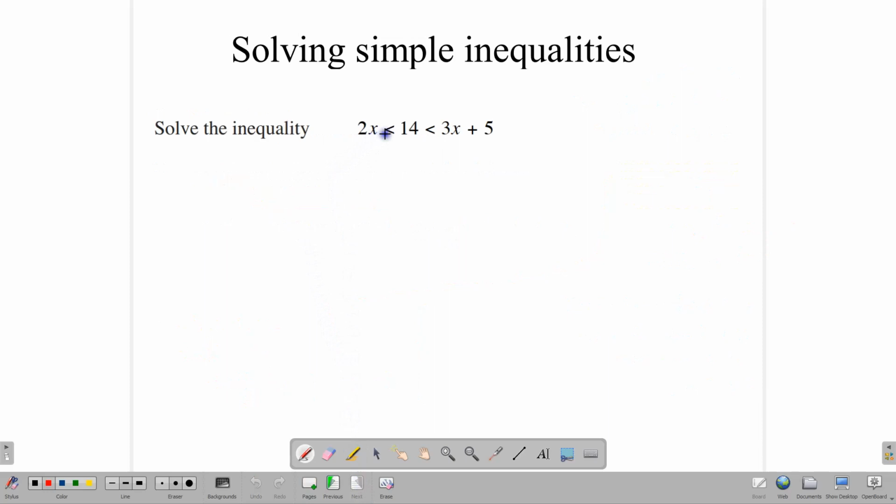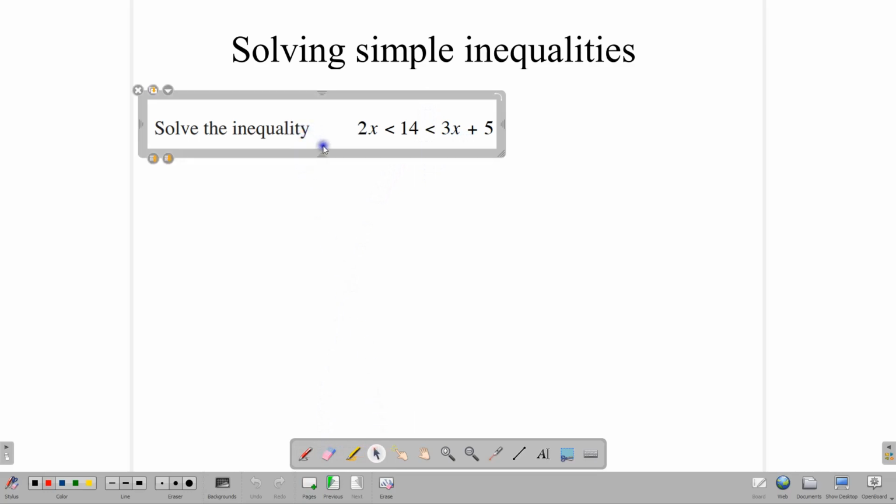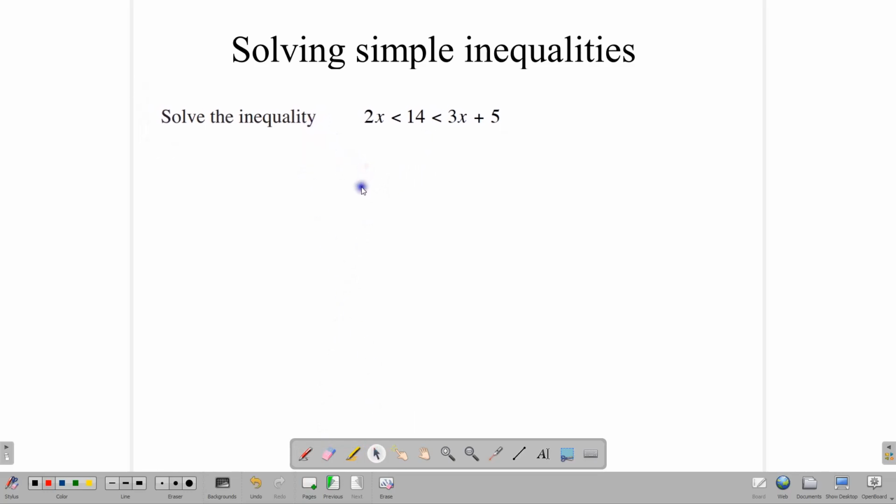All right, let's try another one. Here we have 2x is less than 14 and 14 is less than 3x plus 5. When you have a question like this, you have to split it in two. That's the best way to do it.